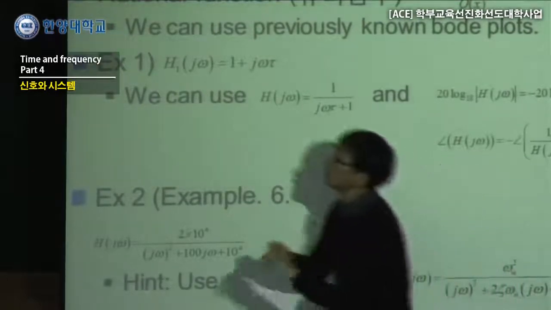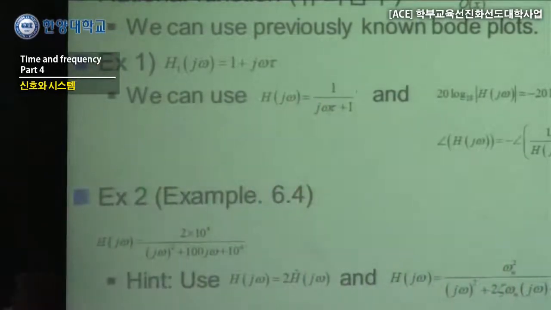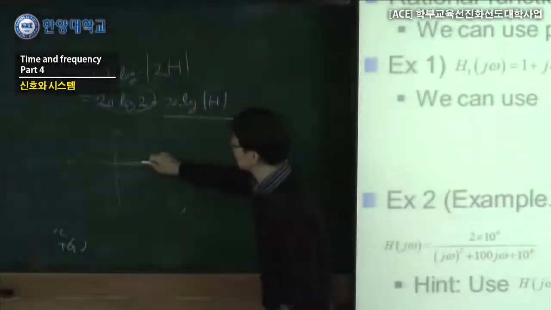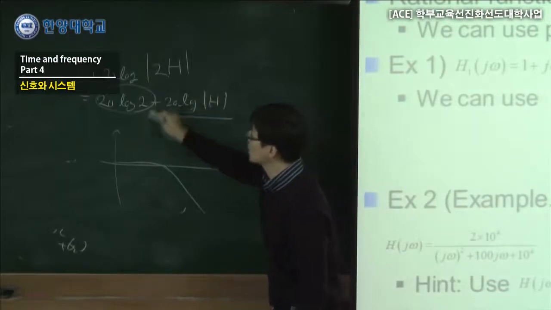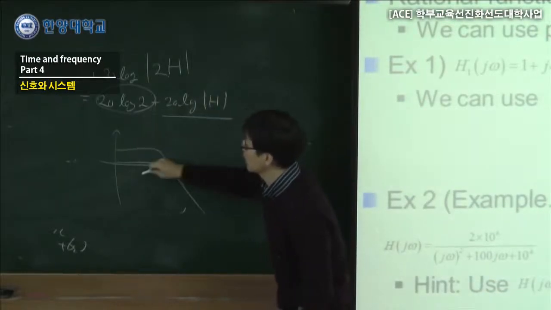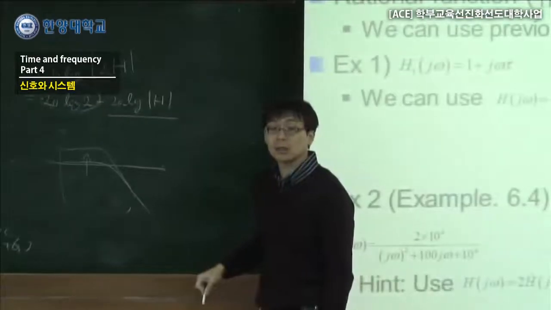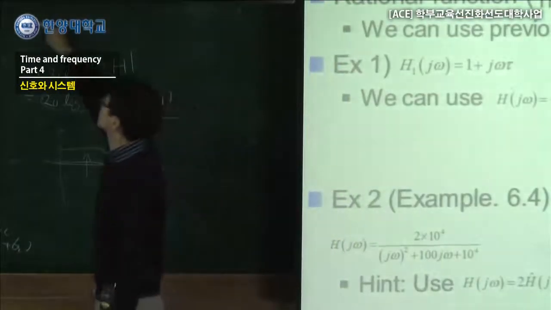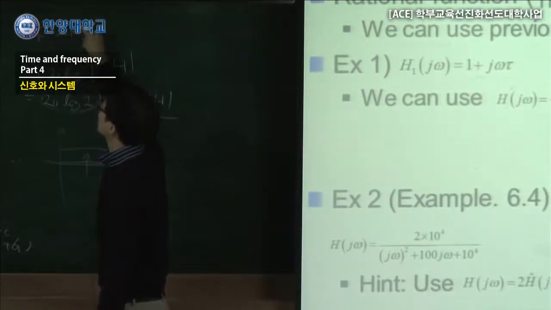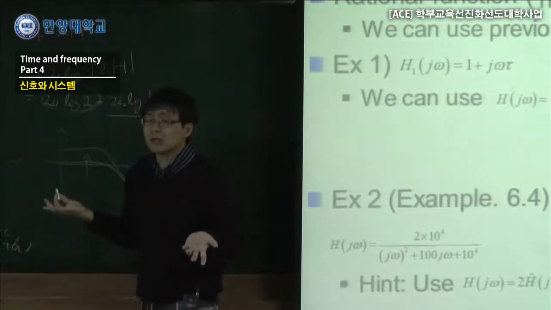So, assume that this is what our h shape looks like. We just add them so that they shift it up. That's how we calculate. In case of phase, what is it? In case of phase, 2h does not change, right?